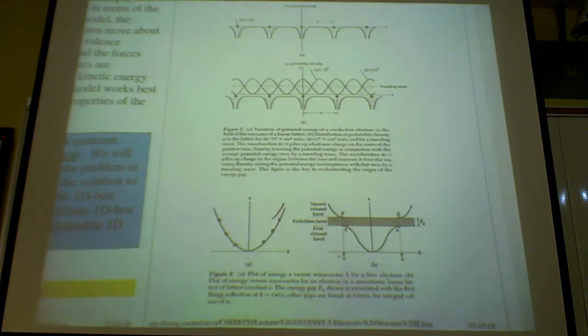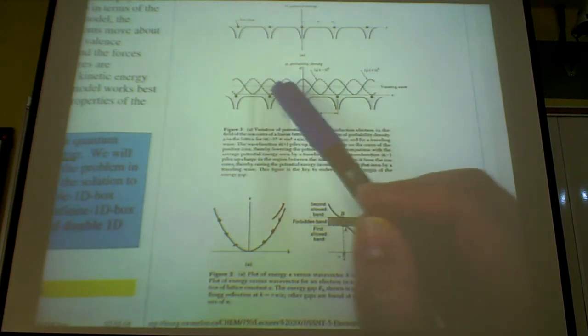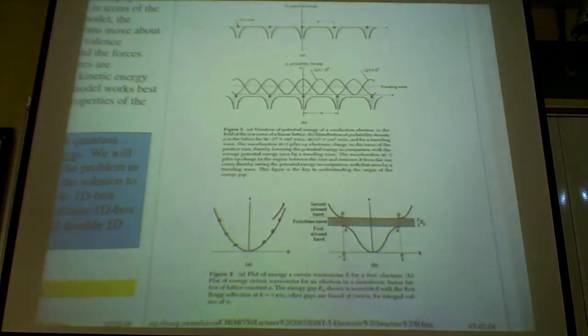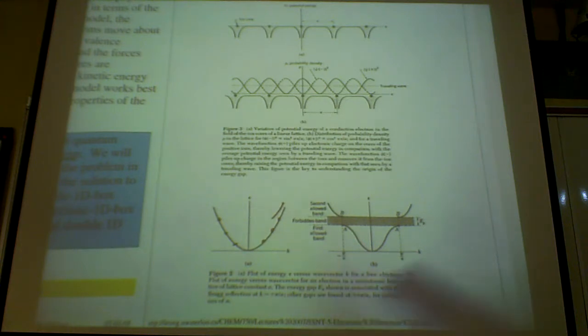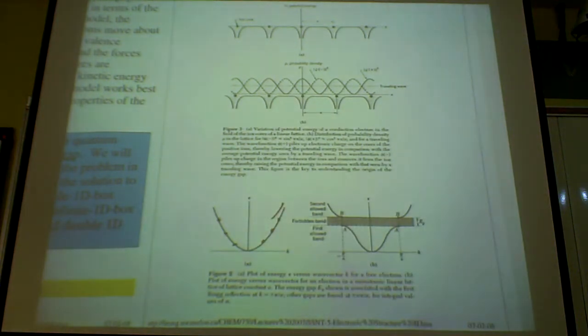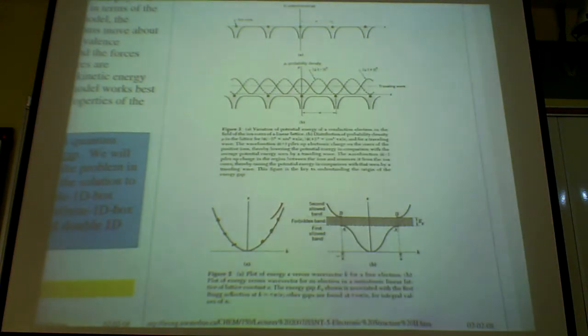So I have two possibilities. One is going this way, which is trapped inside like this. The other is in the barrier between them. So I split it like this. Okay? So instead of a parabola, you're starting to see gaps in between. And these gaps, of course, will lead to the band structure. These are the band gaps that you see in between different energy levels as you go through.